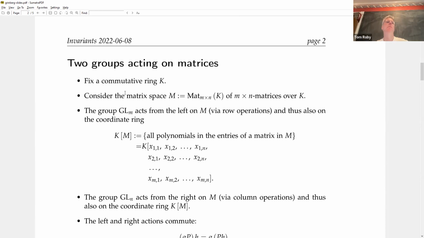Classically, we have a commutative ring K. We have a space of matrices over K, of shape m by n, and you have two actions on it. On the left, you have GLm acting by row operations, and on the right, GLn acts by column operations. As usual, if a group acts on the space, it also acts on the coordinate ring of the space, which, to be specific, is the ring of all polynomials in mn variables.